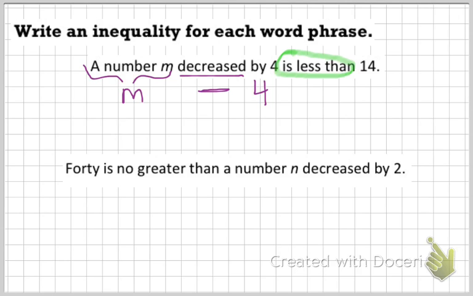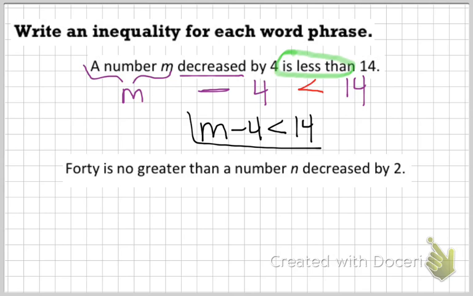That means that this is where we put our inequality, and it's flat out a less than inequality. 14. So our answer here, I'm going to rewrite this so it looks a little neater, and it is m minus 4 less than 14, and that's the inequality.